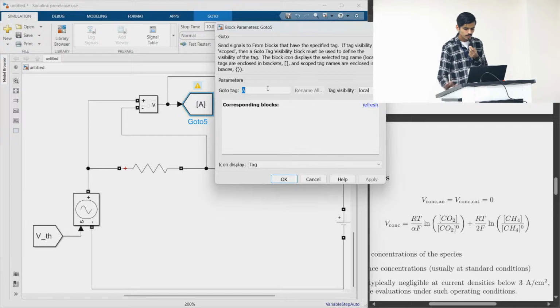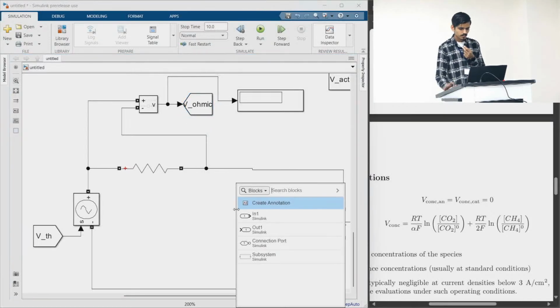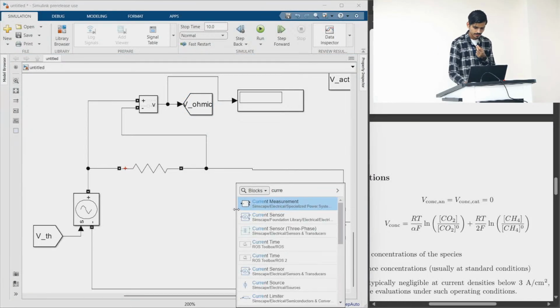So name this Goto as Viomic. And also search for current measurement.